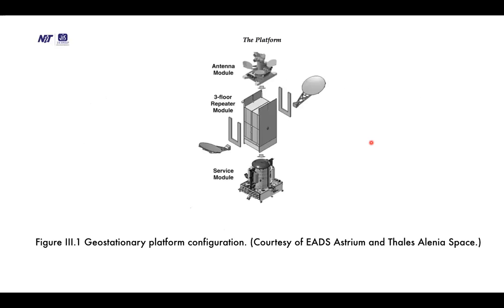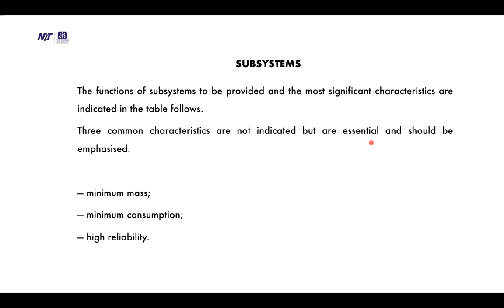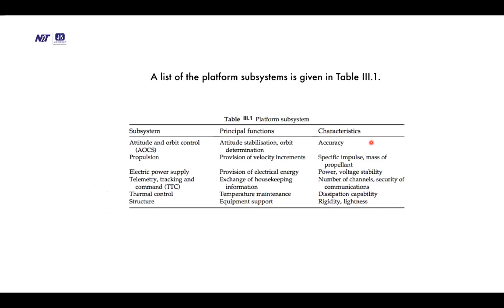So this has the structure of satellite on board: antenna module, 3-stage repeater module, service module. Subsystems. The function of subsystems is to provide services, and the most significant characteristics are indicated: minimum mass, minimum consumption, high reliability.